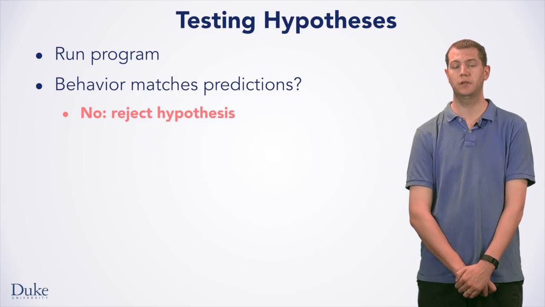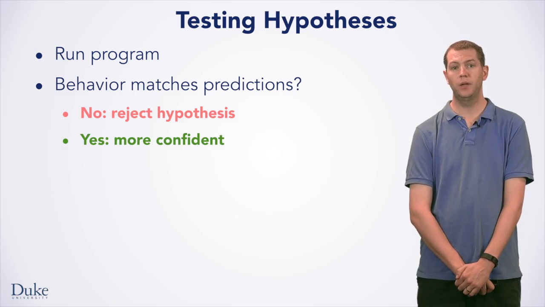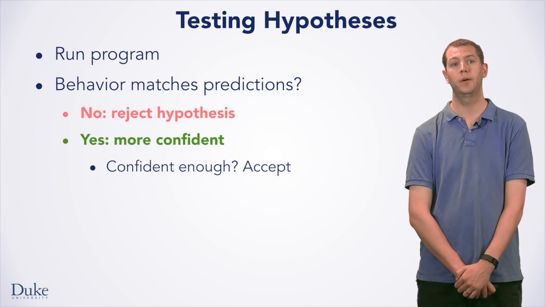Anytime we get contradictory information, it indicates our hypothesis was not correct and we need to go make a new hypothesis. If it is the same behavior that we predicted, then we're not ready to accept our hypothesis immediately. We just become slightly more confident in our hypothesis, and we continue testing until we become confident enough that we're ready to accept our hypothesis.